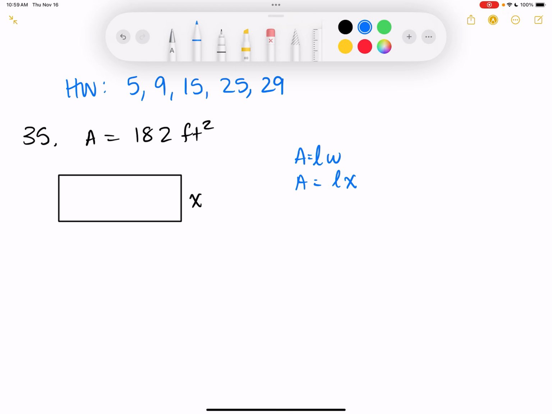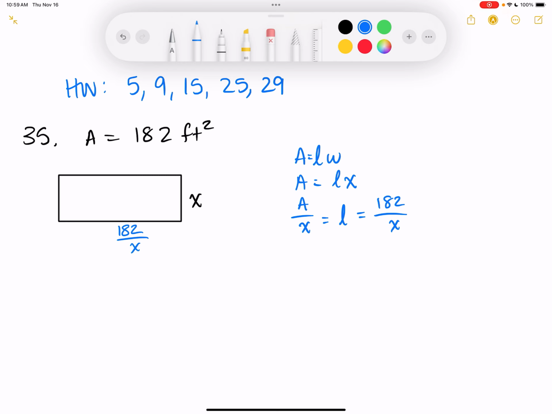How do I solve for length? A divided by x equals L. Which is then 182 divided by x. So that means this side over here I've now solved for is 182 divided by x. And obviously I don't know what x is yet.